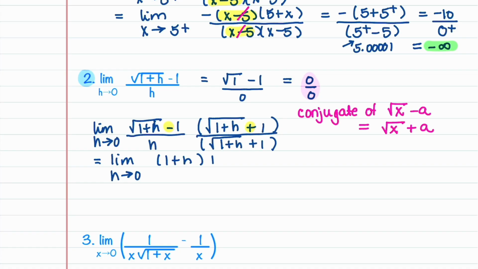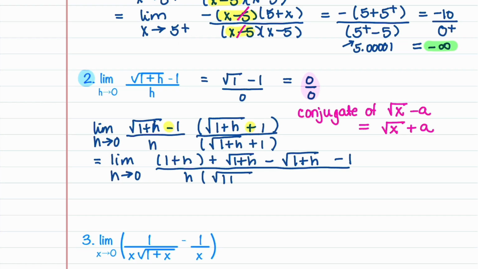So that gives us square root of 1 plus h. Now we're going to multiply the inner terms, and that gives us a minus square root of 1 plus h. And then lastly, we'll multiply the last terms, and that's going to give us a minus 1. And our denominator looks like h times the square root 1 plus h plus 1.